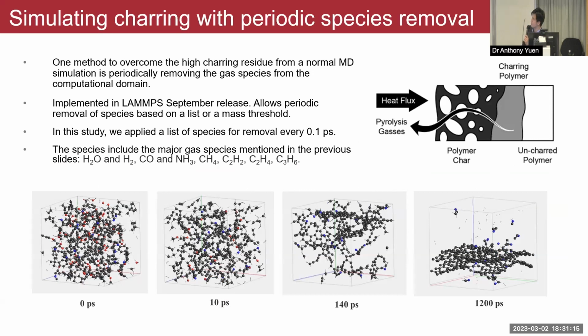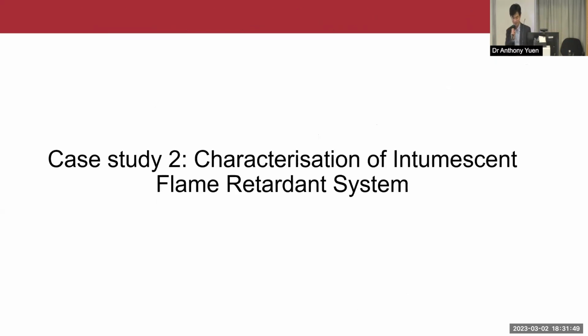The concept is simple. Over, say, each 100 iterations, we take away the unnecessary gas species that are not explaining the char layer. Whenever the polymer breaks and some irrelevant compound forms, we take them away until only the char layer itself remains. This is a proven technique in the MD world by other colleagues, and we are just utilizing it to study the char capability of materials, and we find it pretty accurate in predicting the char layer thickness.